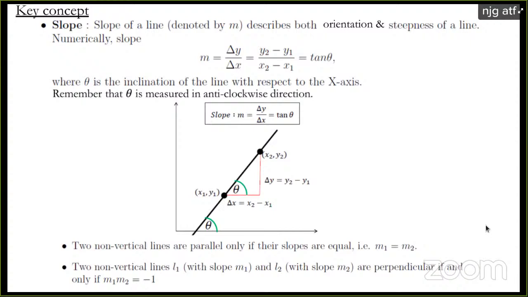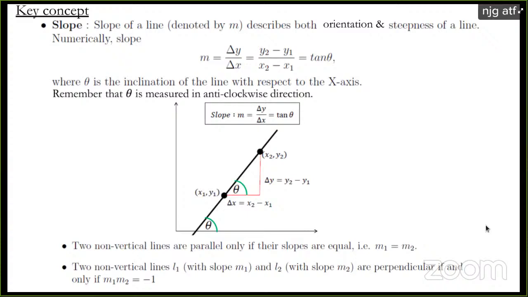When I run from x1 to x2, my line has risen from y1 to y2. Delta y is y2 minus y1, that is the rise, and delta x is the run. I started from x1 and ran to x2, so I have run x2 minus x1.